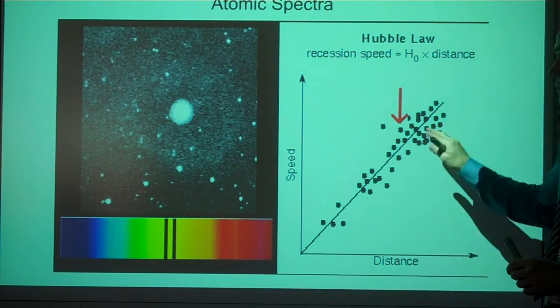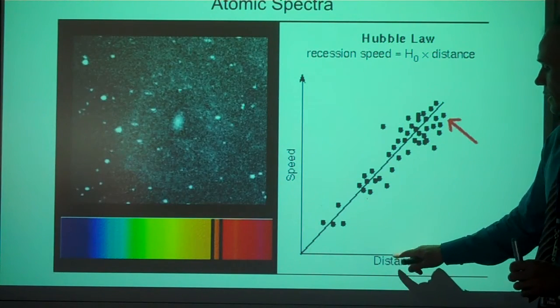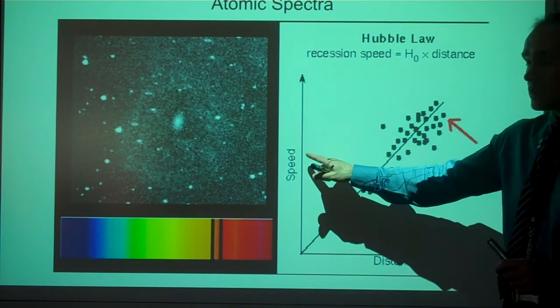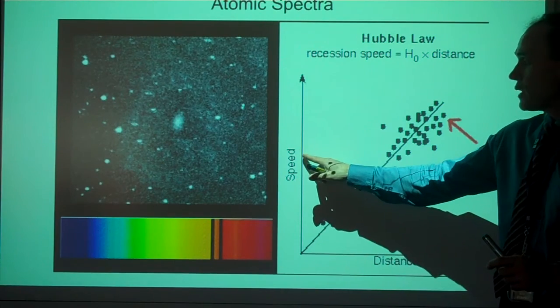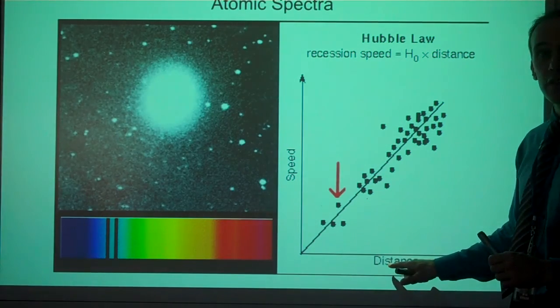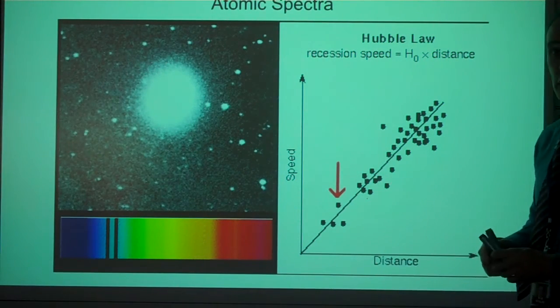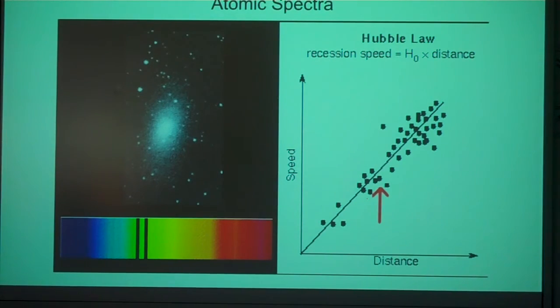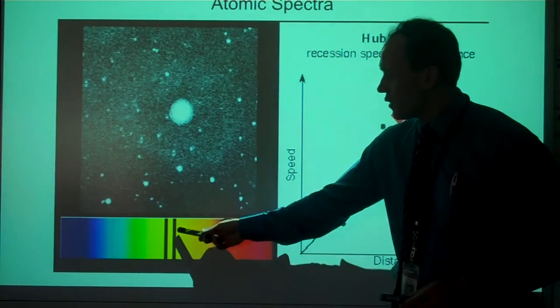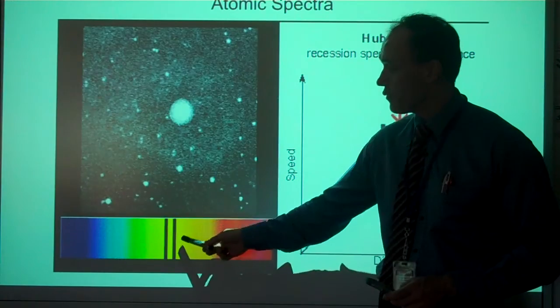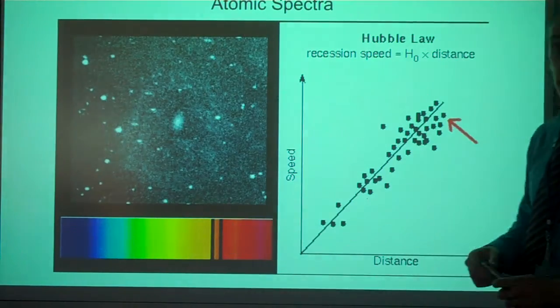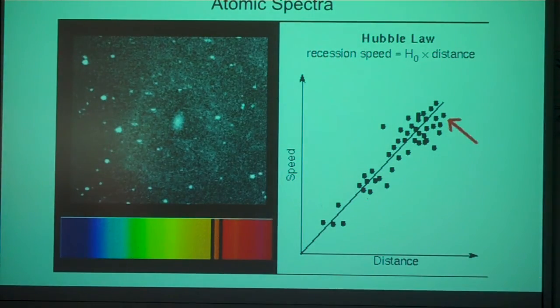That the greater the distance, because this is the independent variable and this is the dependent variable, the speed depends on the distance from the observer in this case. Okay? And this is spectra. And these little lines here are very important, and you need to be able to analyse those. So we'll talk about that now.